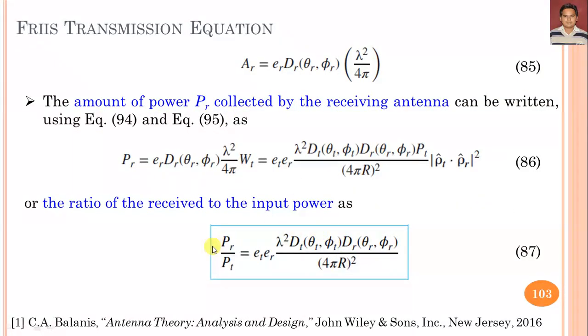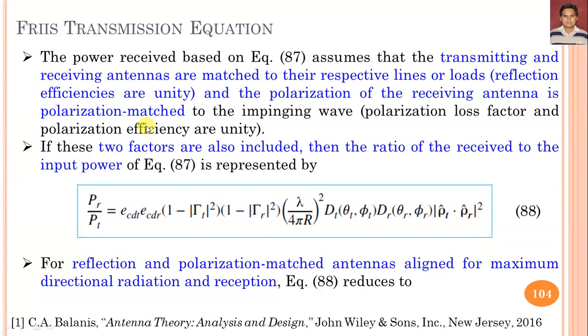So equation 87 is applicable only under two conditions: the reflection efficiency is unity, and the polarization is matched. If the reflection efficiency and polarization matching are not met, then the ratio of received power to input power from equation 87 can be represented by equation 88.